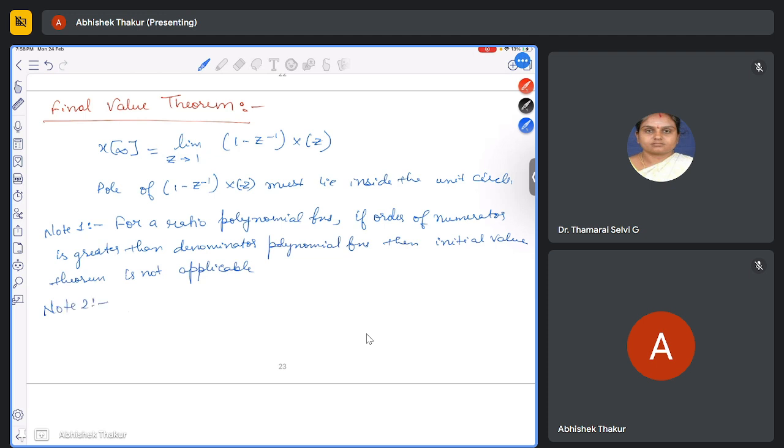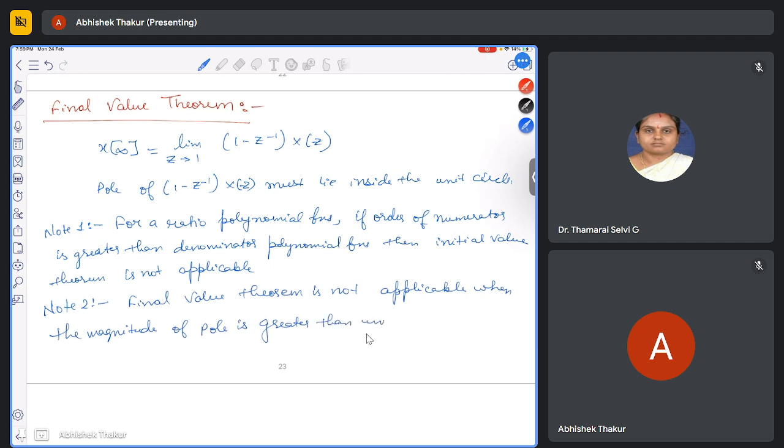Now note 2: the final value theorem is not applicable when the magnitude of a pole is greater than unity.